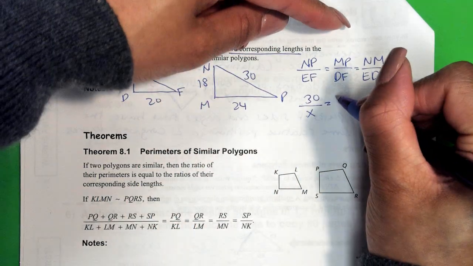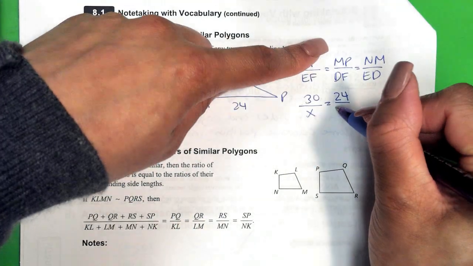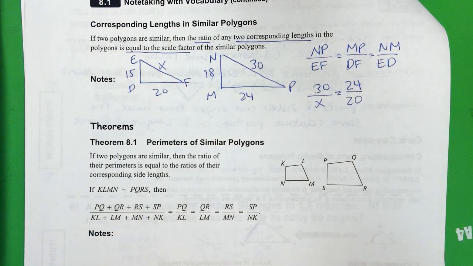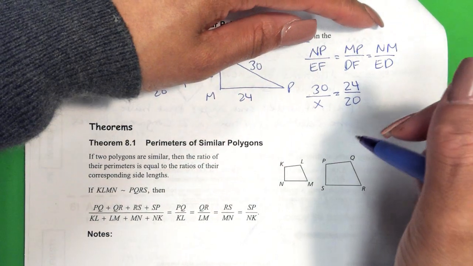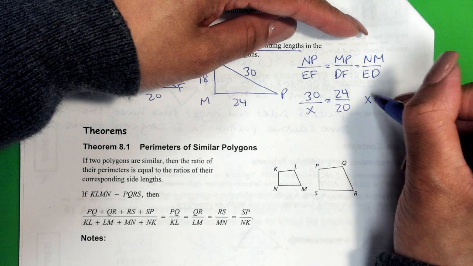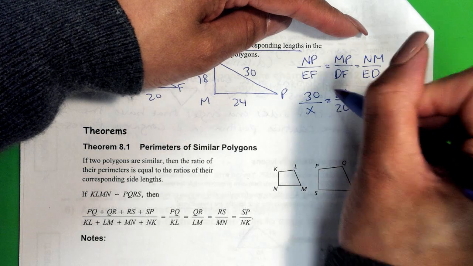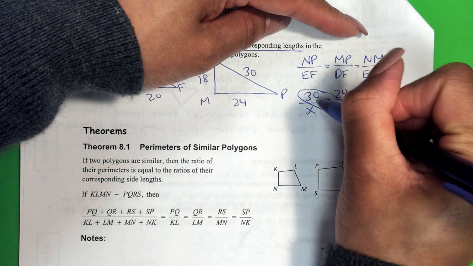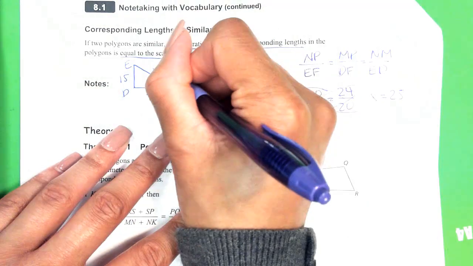I have MP is 24, and then I have DF is 20. Okay, so what I'm going to do is I'm going to cross multiply, and I end up with x equaling 25. Remember the butterfly effect. So I end up with x being 25.